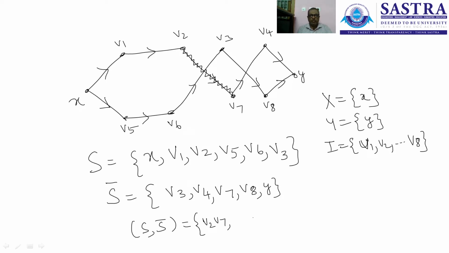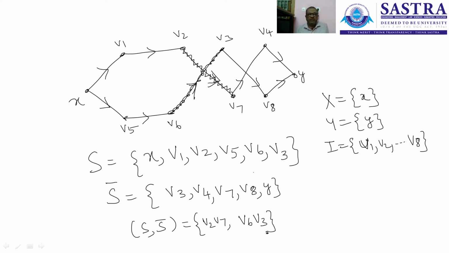And the next one would be V6, V3, because V3 is in one component and V6 is in another component. So now I have two edges, two arcs. The direction is imparted in the case of directed graphs.